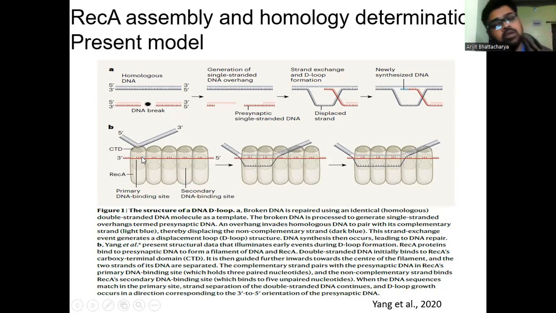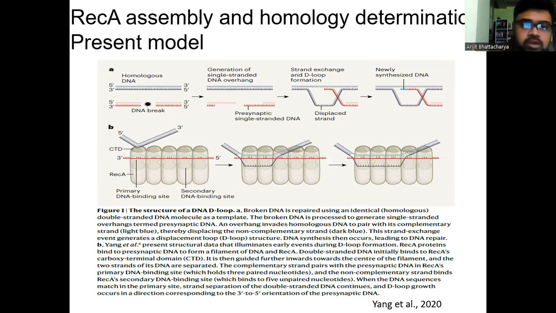The C-terminal end of Reiki will bind with the target double-stranded DNA, and subsequently this Reiki will test for possible complementarity with the target DNA. If initially enough complementarity is found, only then will this D loop extend further, and this further extension of the D loop would actually mean that it would initiate recombination.